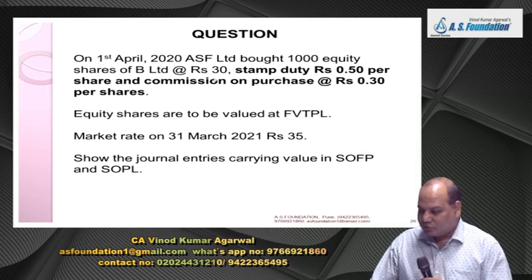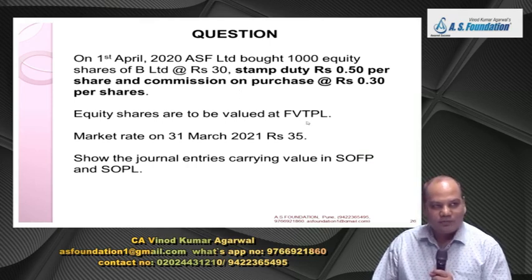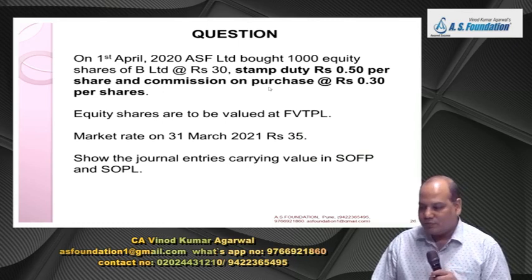So now in this question, be careful. These are transaction costs. Instrument is FVTPL. So it will be separately accounted and transferred to profit and loss account. So investment will be initially valued at 30 rupees only, not 30 plus this transaction cost.